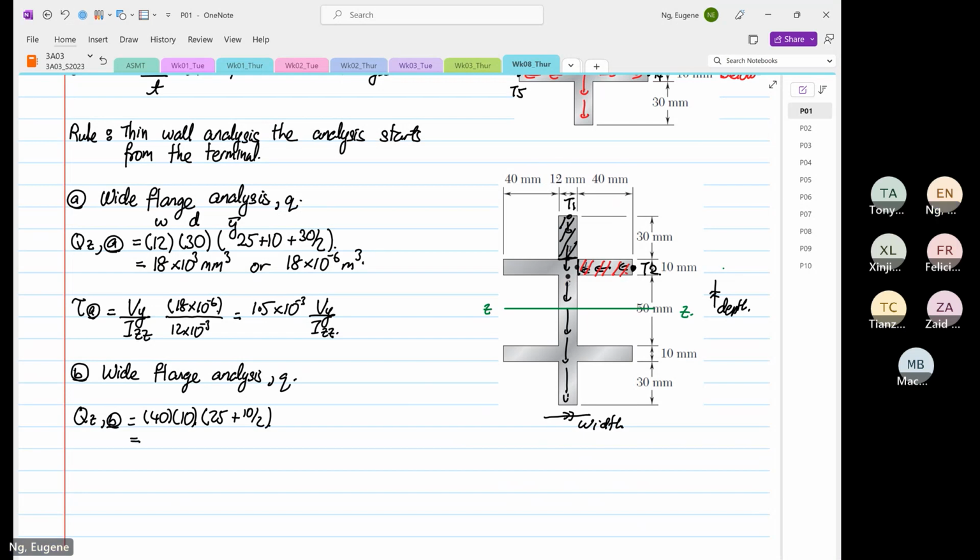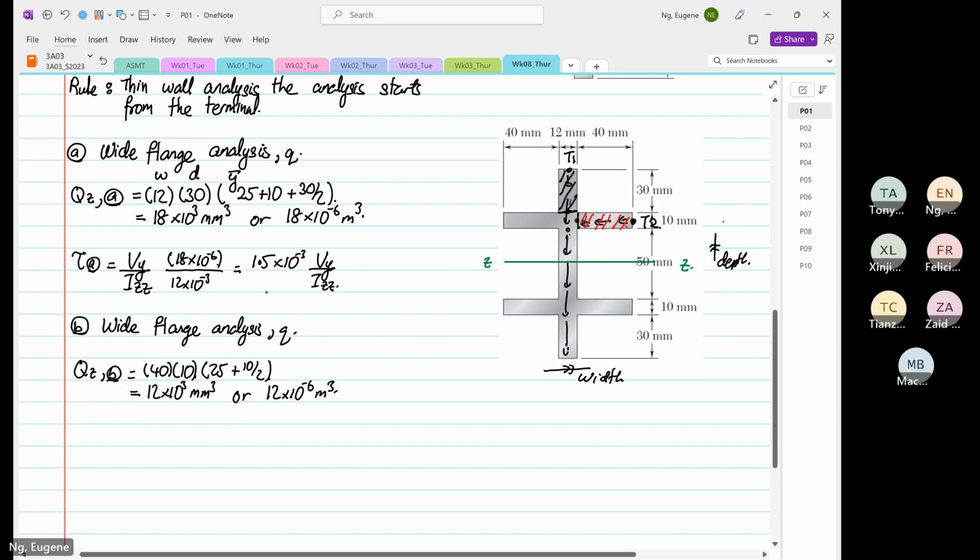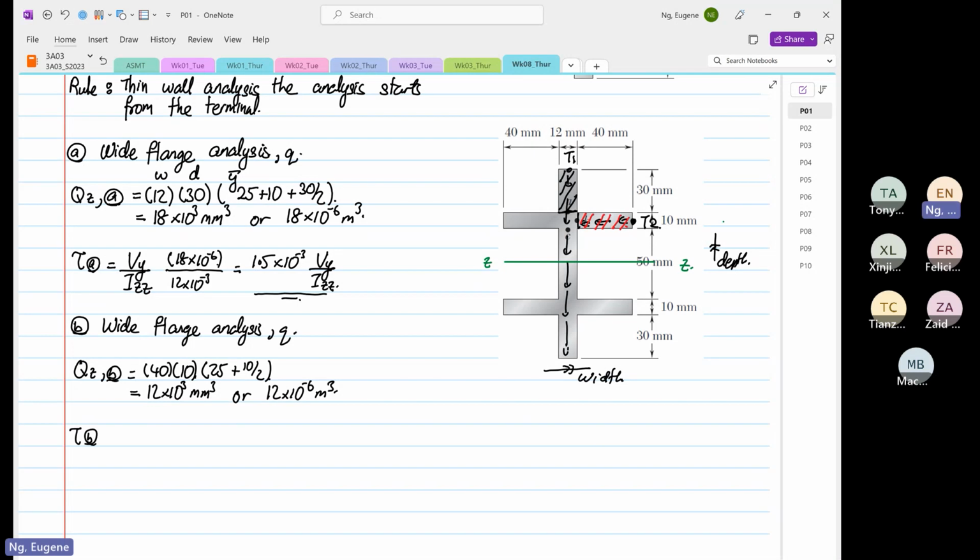Okay. So this is 25 plus 10 divided by 2, times by 10 times by 40 is equal to 12 times 10 to the power 3 millimeter cube, or 12 times 10 to the power minus 6 meter cube. Okay. So again, we can find our shear stress at point B will be equal to Vy over Izz, right?